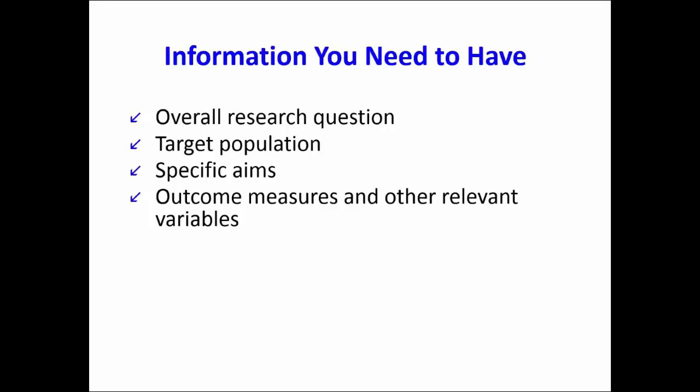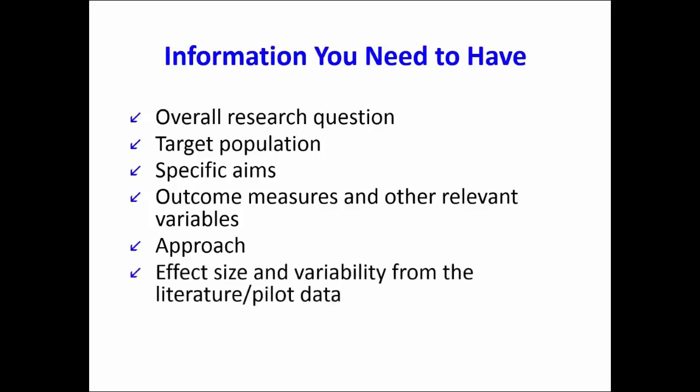That's a very important thing. You might have a big idea, but you want to make sure you will have data to answer that question. Then the approach you plan to take. Hopefully you will have some kind of effect size and variability information. And timeline: if you have a deadline for your proposal, let us know.